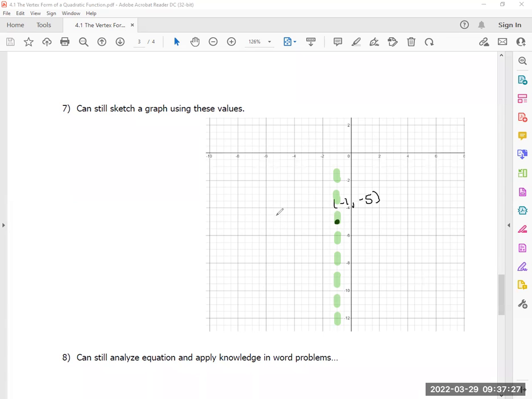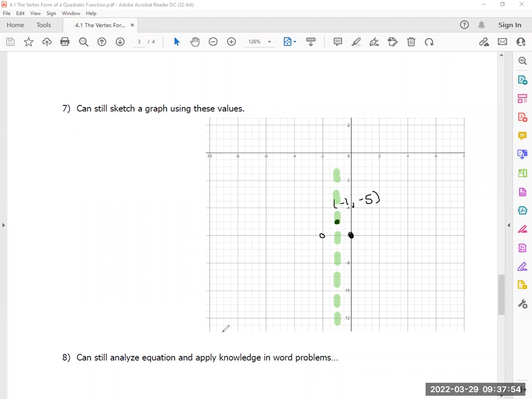Number 6, my y-intercept was negative 6. So 0, negative 6. It's going to hit here. But backtrack to the green dotted line. If I have a point here, then I know I'm going to have a point right there because it's symmetrical. And that's all I have.